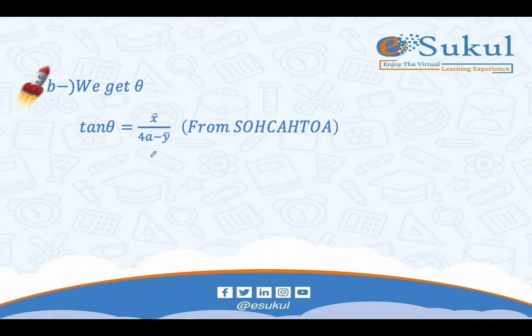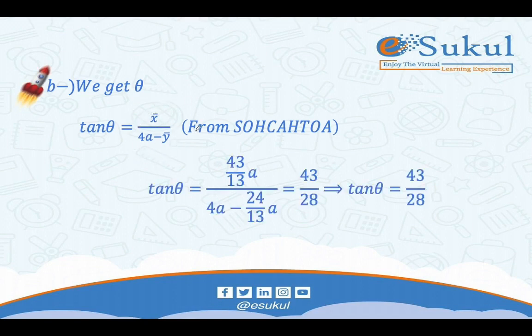So we have x bar over 4A minus y bar. Replacing the values, we then have 43 on 28 as the tangential angle held at the HPS.